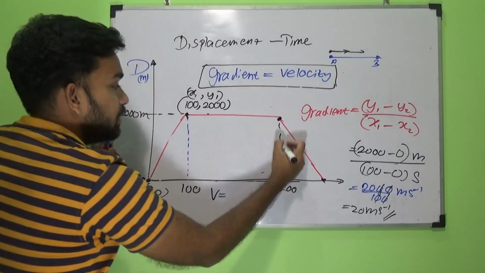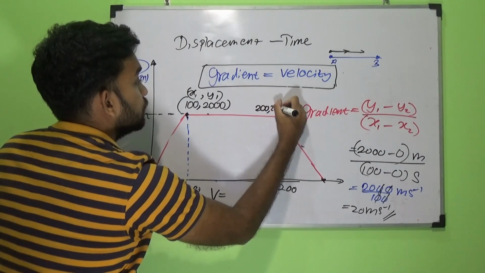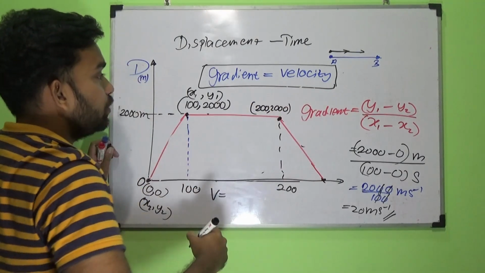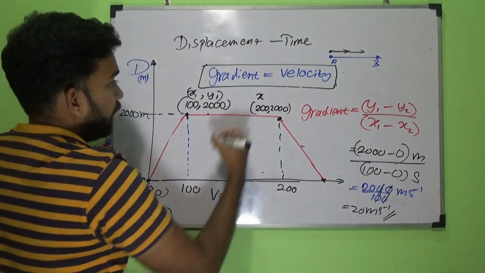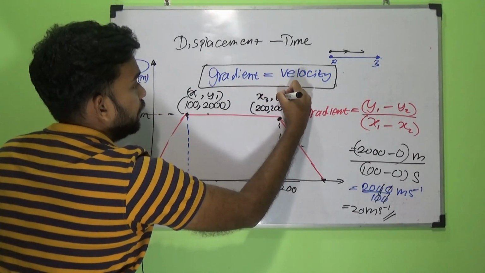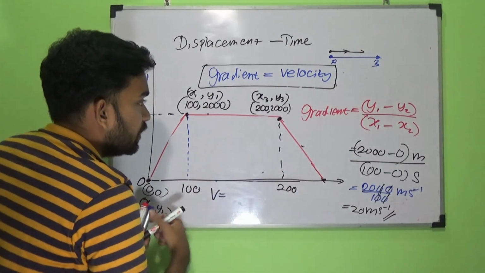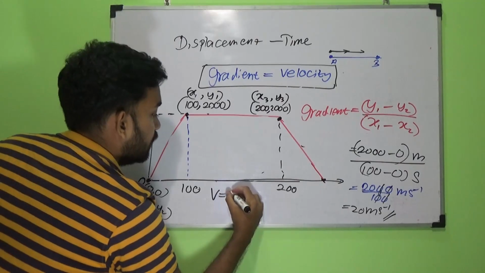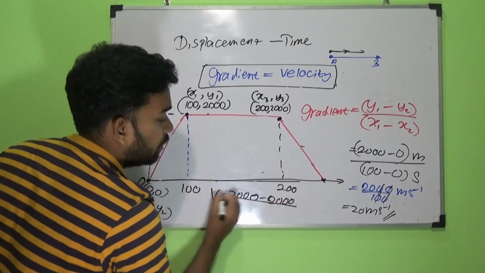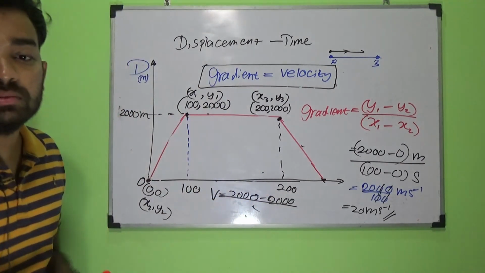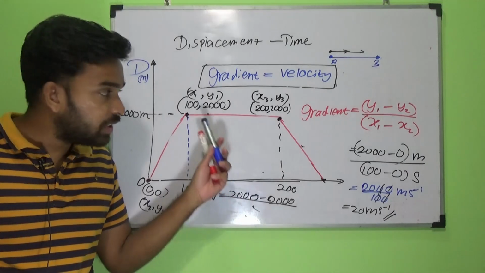I'll take this point, 200, 2000, as x3 y3. The velocity equals this minus this, 2000 minus 2000, which is 0. 0 divided by anything is 0, so the velocity here is 0.